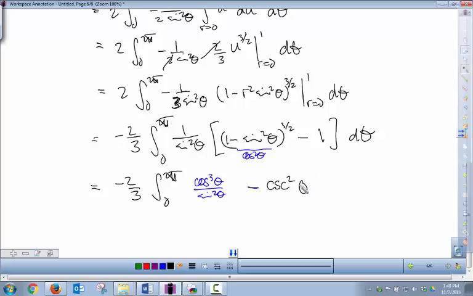Squared. Any of these things turn out to be easy?